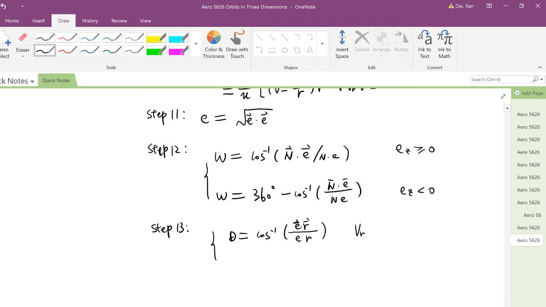And if vr is larger than or equal to 0, we get the theta value between 0 and 180 degrees, and the reverse side.